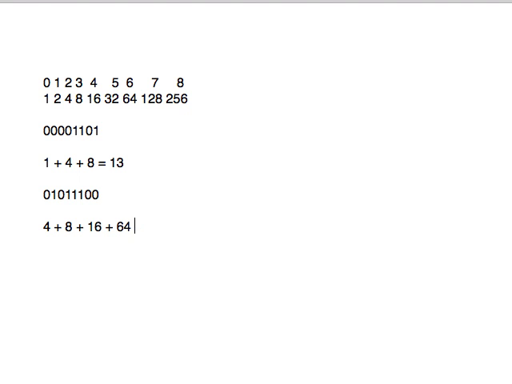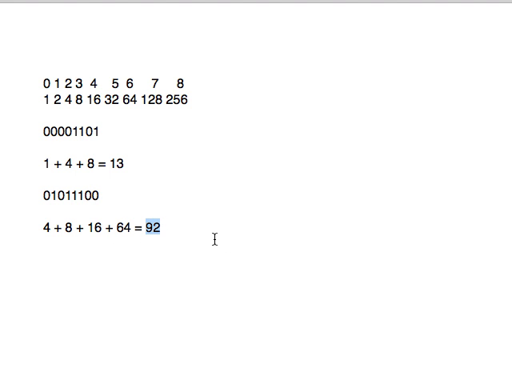All right. So then all I've got to do is add those numbers together. 16 plus 64 would be 80, plus 8 would be 88, plus 4 would be 92. So 0, 1, 0, 1, 1, 1, 0, 0 equals 92.